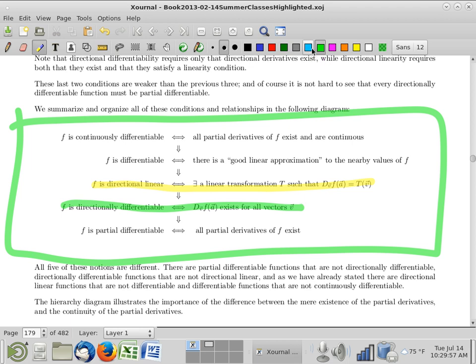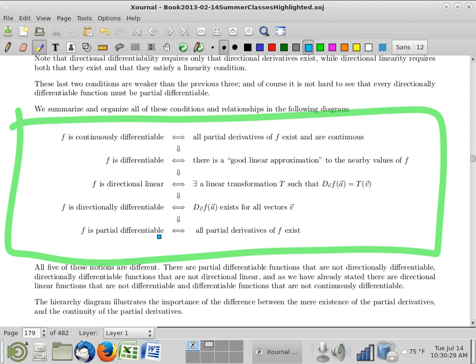And then lastly, if it's directionally differentiable, then it's partial differentiable. So if all the directional derivatives exist, including the partial derivatives, well then, yes, the partial derivatives exist as well. It's, again, free. So we have 5 different kinds of conditions, and part of the reason I like to write them all in this one list is to graphically emphasize that they are not the same.